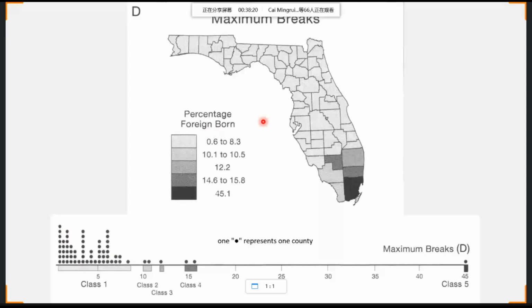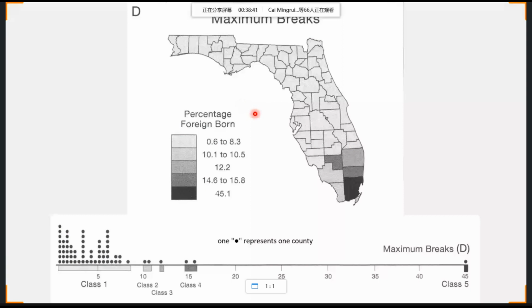So for the user, and the user usually does not see the number line. So the users usually only see the map and the legend, and then they don't know. They don't know in this quite large area where are the differences. Of course, they are smaller. Therefore, it's acceptable, I think.